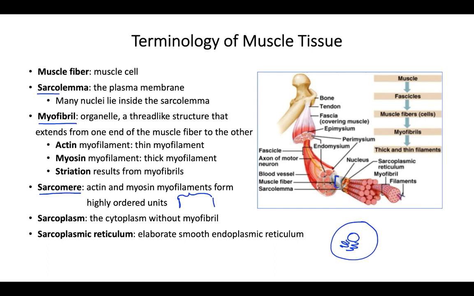Inside the sarcolemma, you can see thread-like myofibrils. These myofibrils are organelles, and each myofibril is composed of two kinds of myofilament. Also, there are blood vessels innervating the muscle fiber, and sometimes the axon of a motor neuron also innervates the muscle fiber.